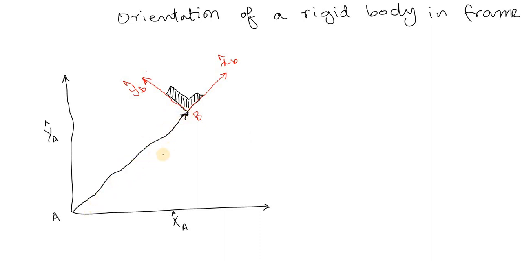Let's call this vector P. Okay, and here we define the axis.